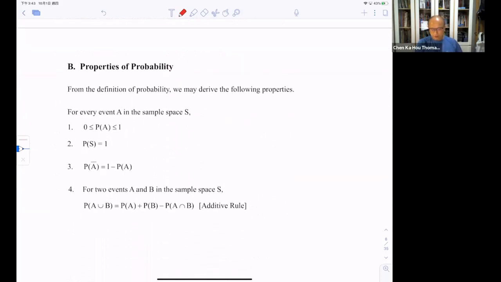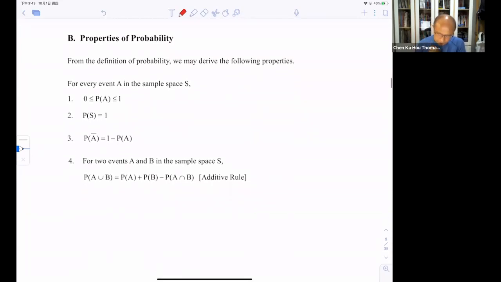Now first, we learn some probability rules. I believe that some of these rules you may have heard before, right? For any event in the sample space, we learned the first rule in Form 3, right? The probability always lies between 0 and 1, okay? That is, as a decimal number it is less than 1, and it is 0 or above, a positive number.